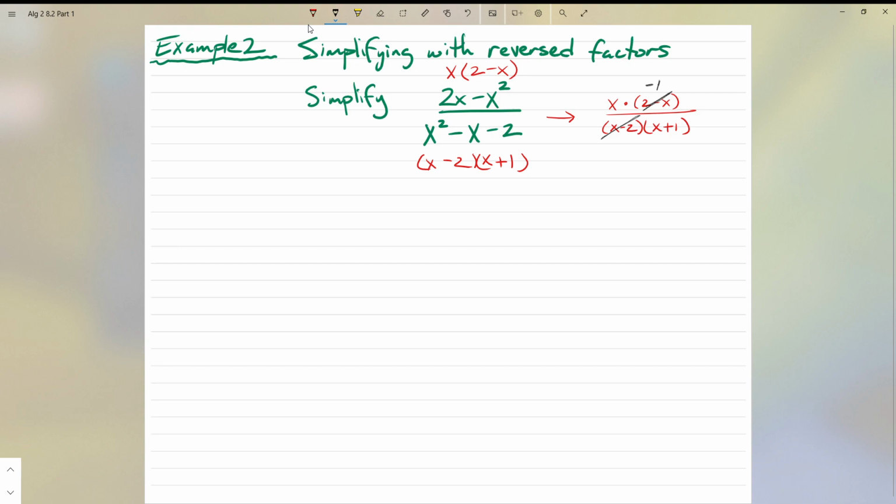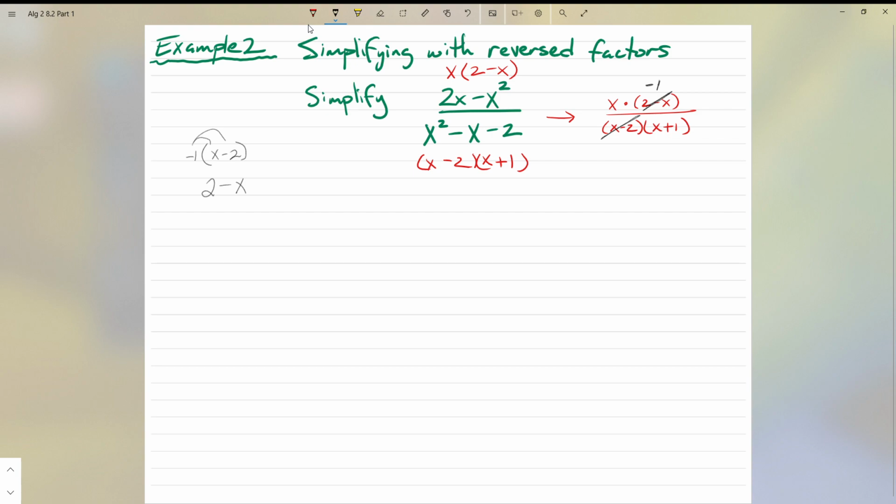And there's a couple different ways I could explain this if you want me to. Over on the left here, I'm going to write down 2 minus x. Let's think of 2 minus x as almost like the answer. If I took -1 times x minus 2, I would get -1x plus 2.